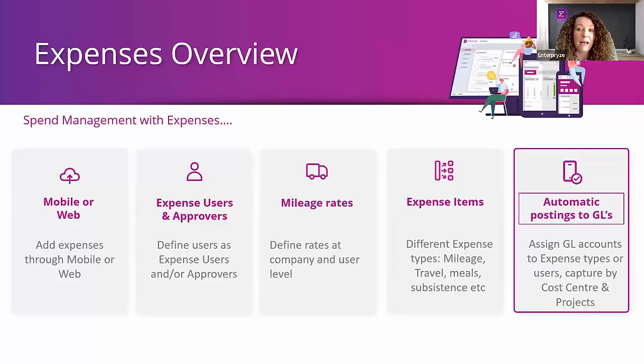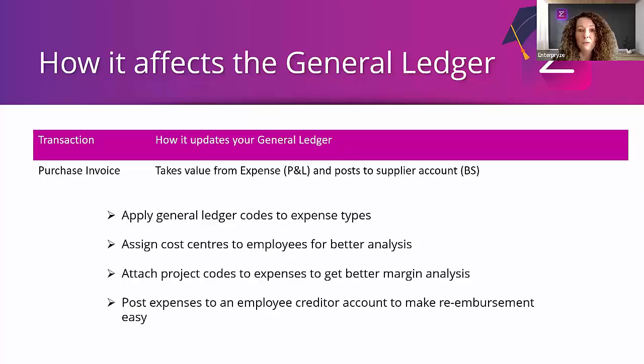Okay, so this is where I'm mentioning the GL account codes, the automatic postings to the GLs. What is that going to look like? Well, very simply, how does it affect the general ledger? When you approve those expenses, they then go through to another panel or another grid for expense postings.